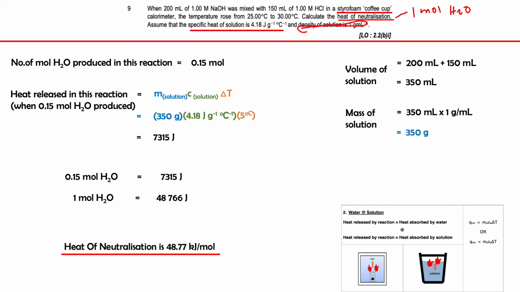As you can see here, the temperature rose from 25 degrees Celsius to 30 degrees Celsius, which means heat is released. Therefore, do not forget to add negative here. So negative 48.77 kilojoule per mole. There you go.